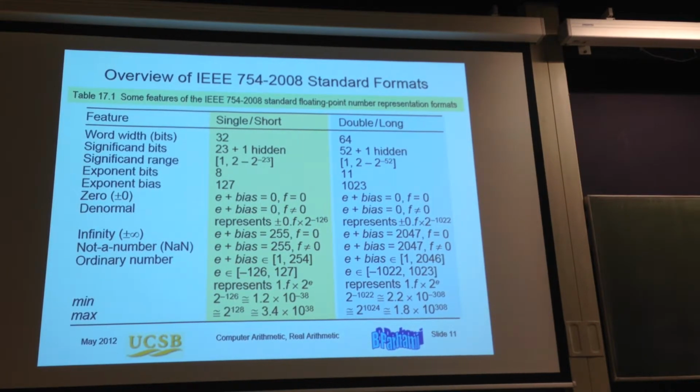And this is the way I understand the numbers. Let's look at the short one, because the other one is similar. I have 32 bits, 23 are for the significand, but remember the one which I'm not storing is there, and it's assumed to be there. I have 8 bits for the exponent, bias is 127.